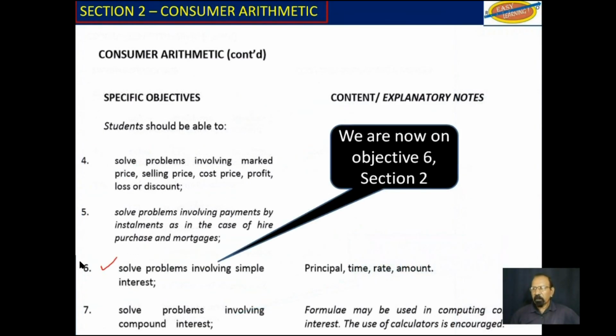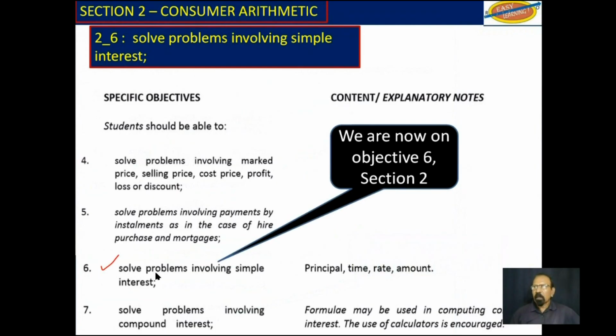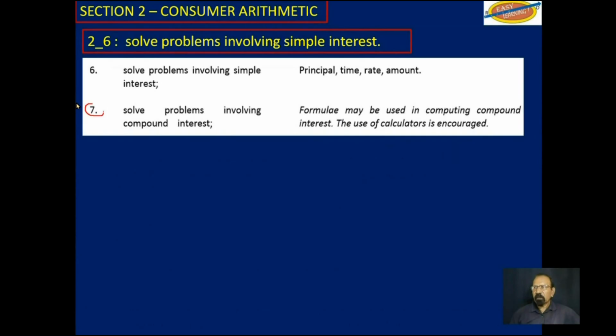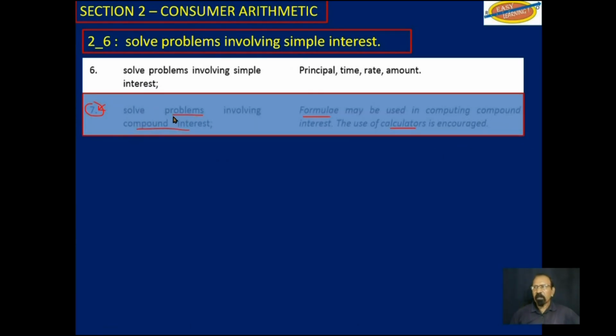So we are here, 2.6, solve problems involving simple interest. Now, objective 7 is solve problems involving compound interest, and that is a little more complicated. Formulae may be used, and you are also encouraged to use calculators, but that is objective 7. Right now, we will blank that out for the time being. So we are at objective 6.